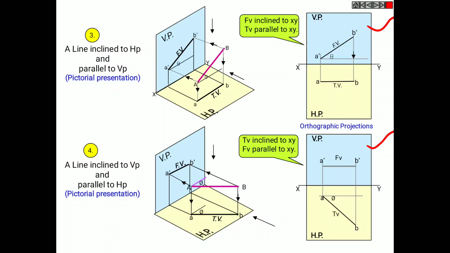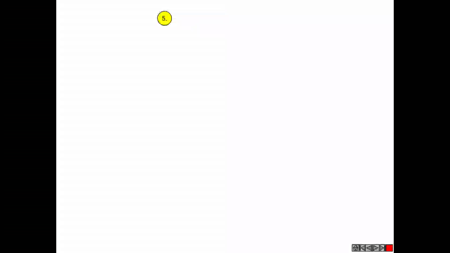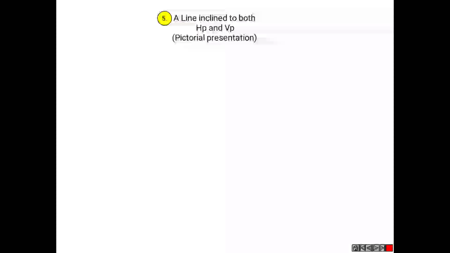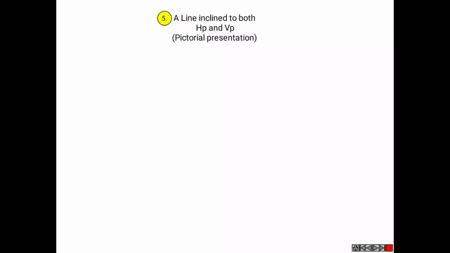Okay, now we'll move on to the next slide. This is your last case, which is the fifth case. It says a line inclined to both HP and VP.